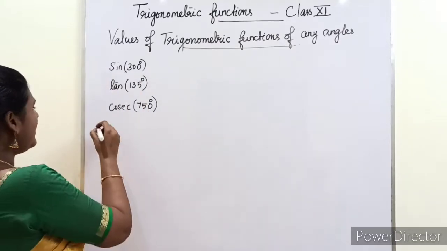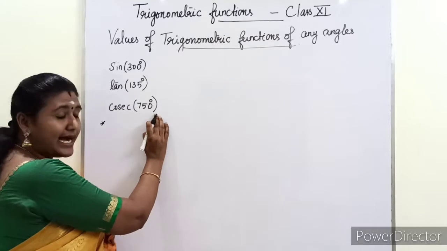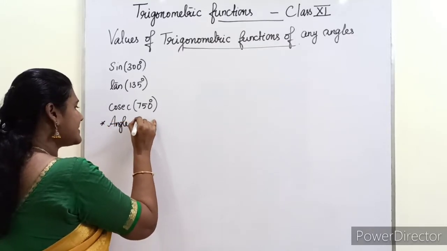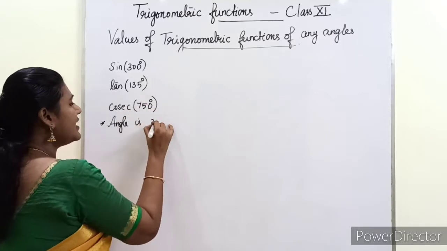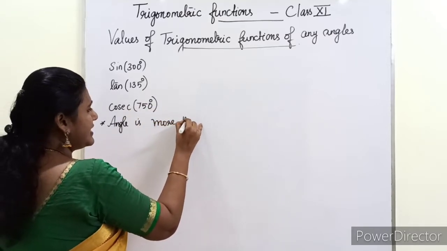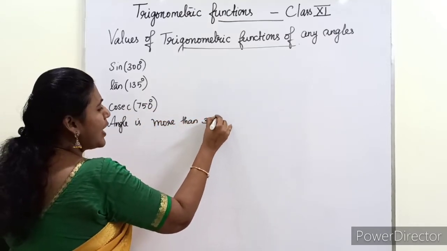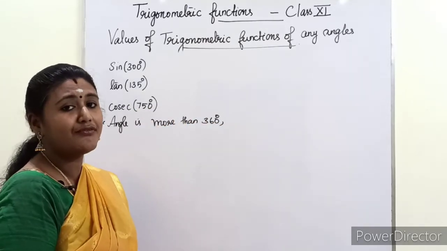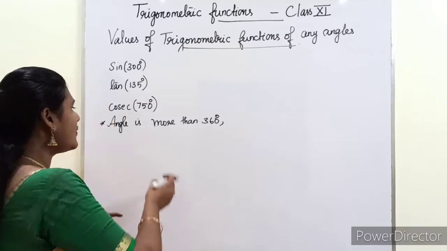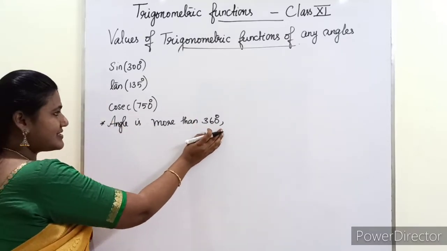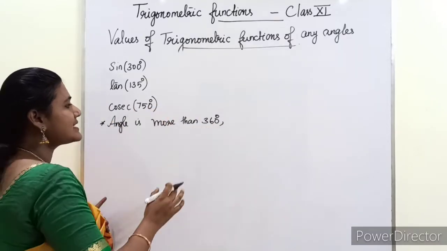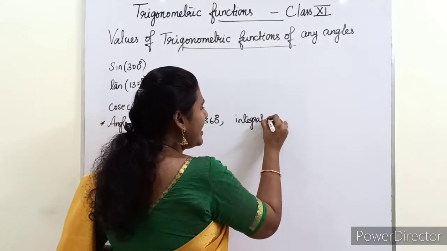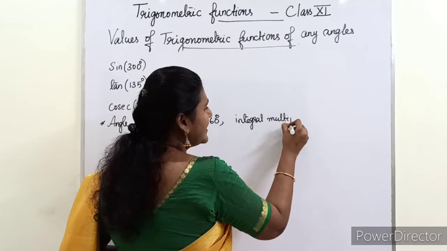So the first one, first you have to see the angle. If the angle is more than 360 degree, then you have to express the angle as an integral multiple of 2 pi. Why do we have to express it as an integral multiple of 2 pi?